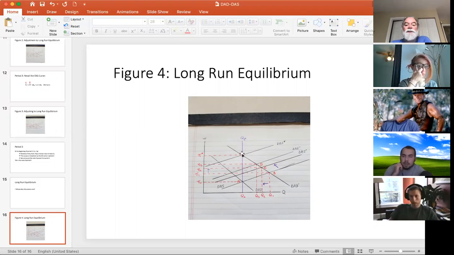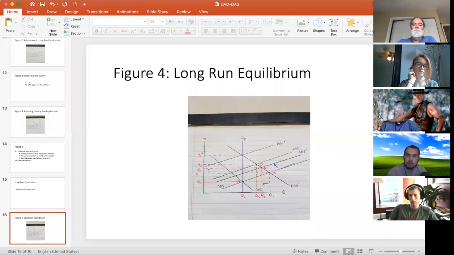If the shock is only temporary, inflation shoots up and then it comes back down again. Sorry. Go ahead, Sid. If the demand shock is permanent, wouldn't producers see that there's an increase in demand in the long run and increase the potential in the economy?